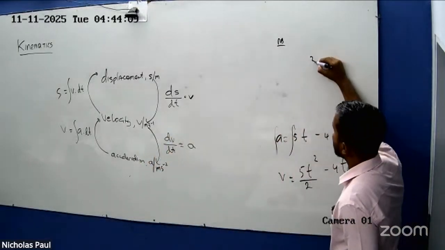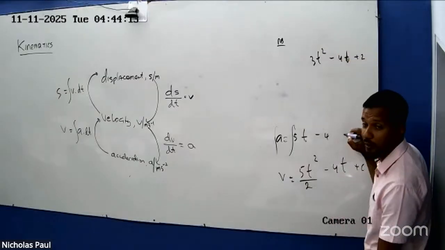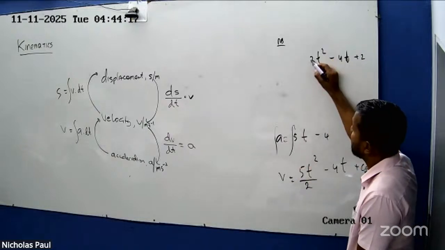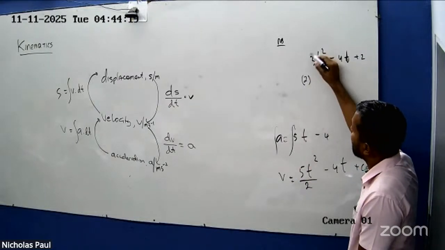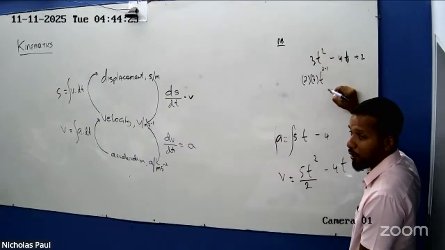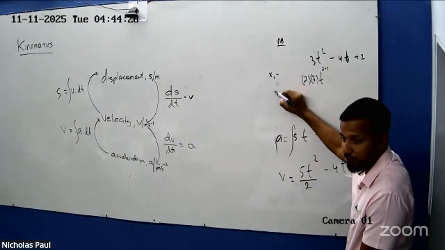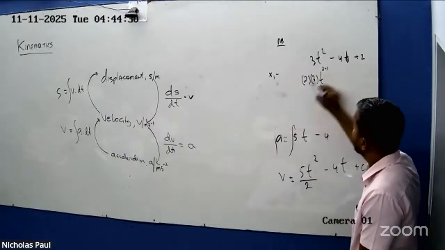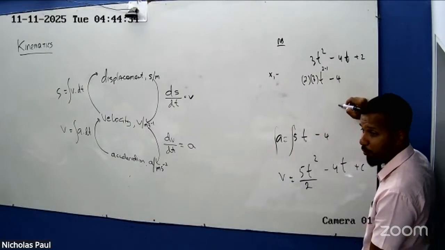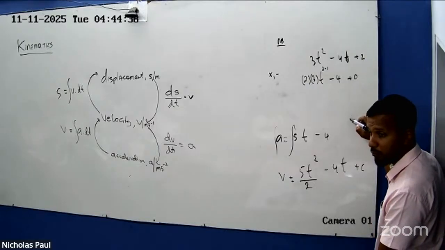If I give you 3t squared minus 4t plus 2, differentiation is the reverse: multiply by the power, multiply by 2, write back the 3, minus 1 from the power. So differentiation is multiplication and minusing. What's the differential of minus 4t? Minus 4. What's the differential of 2? 0.